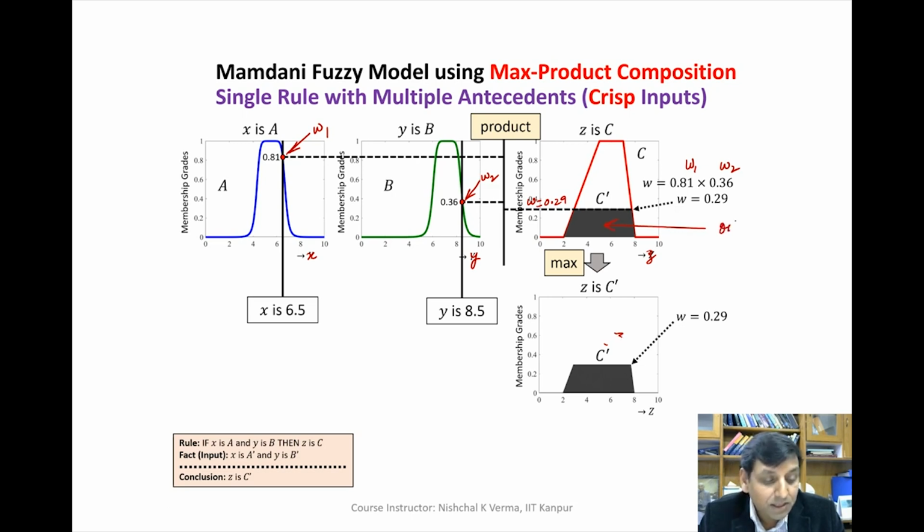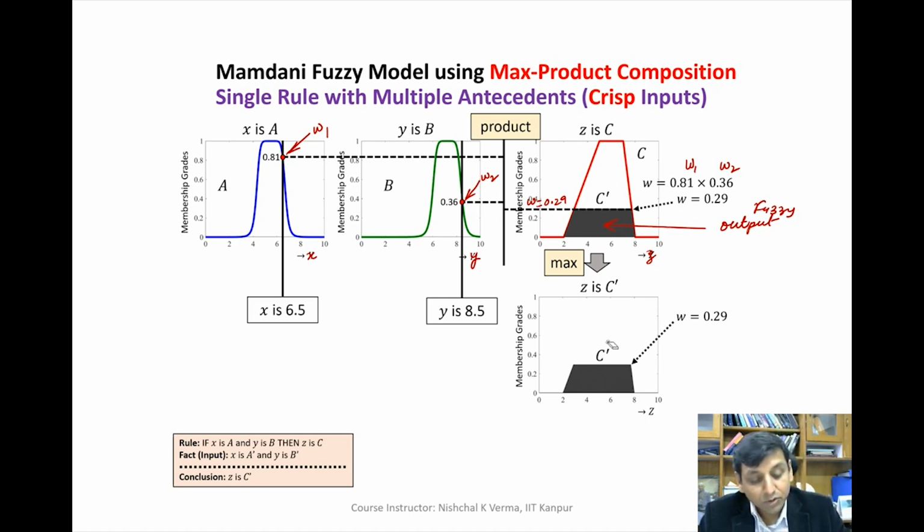This is the fuzzy output. The truncated shaded area is the output, that is the fuzzy output basically. And again the max is not applied here because we have only a single rule.